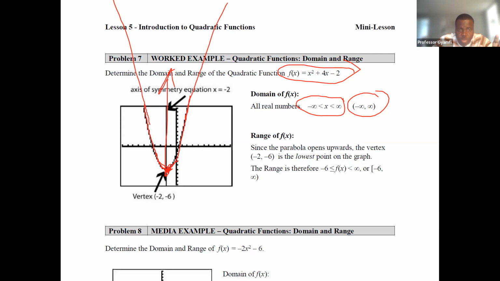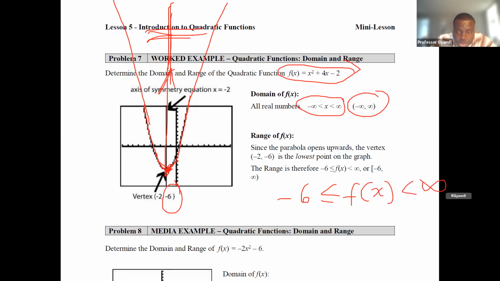And then it's going up. So this tells me that the range starts from, what is the y value for the vertex? Negative 6. So from negative 6 to what? Positive infinity, because this part is positive, right? So it's going to positive infinity. So this is going to give me negative 6 to positive infinity for y, or f of x.